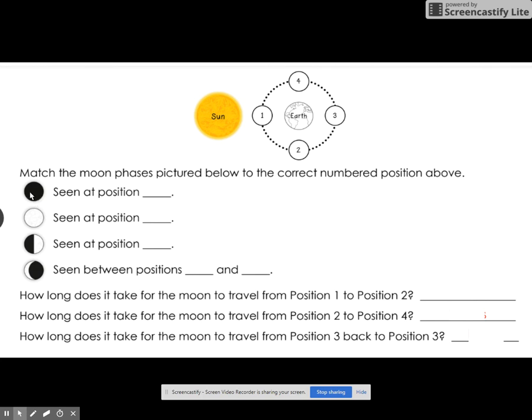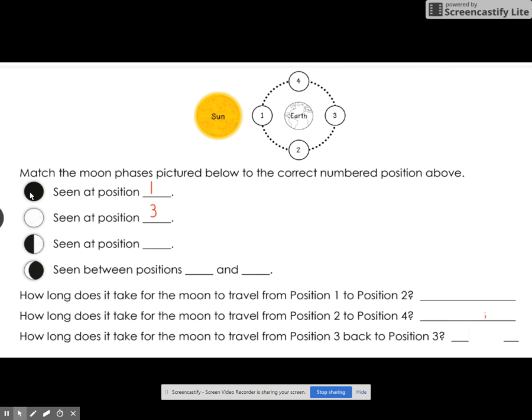Well, I know that this is the new moon phase, so I will put this at position 1. The next moon phase that we see is all clear. Based on my knowledge, I know that this is a full moon phase and it will be seen directly across from position 1 at position 3. The next one, I see light on the right.